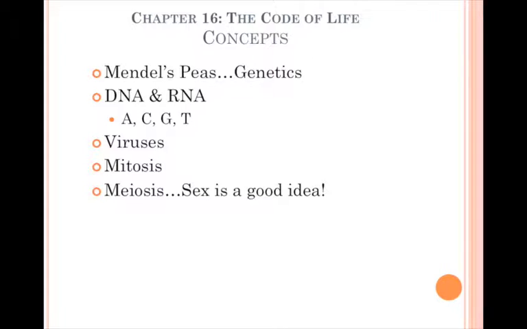We also have multiple combinations of the letters A, C, G, T in the code in the DNA. So the DNA replicates itself by first splitting down the middle like a zipper.